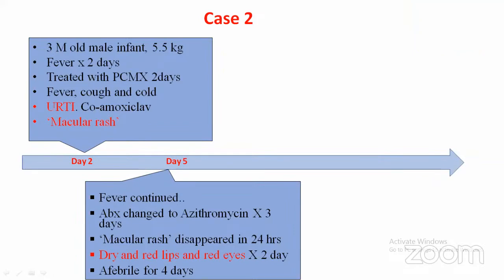You want to see what type of rash it is, right? Either it is maculopapular or macular, or it is an exanthematous rash, or is it associated with itching or not itching, right? So here, this particular child, everything was fine and he was afebrile for 4 days.